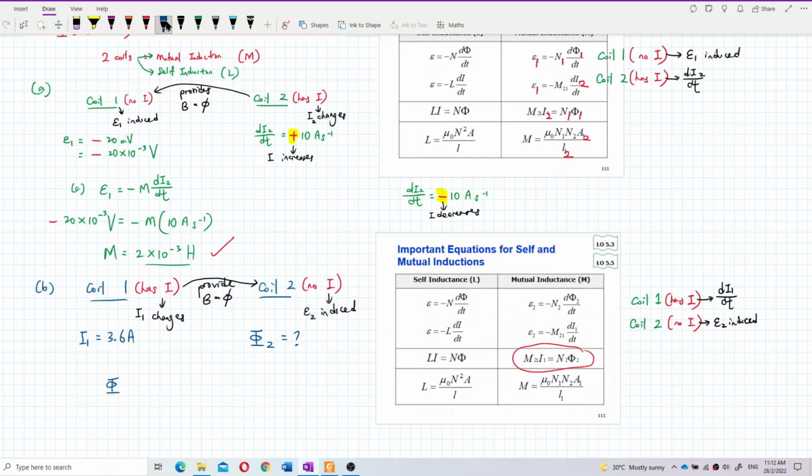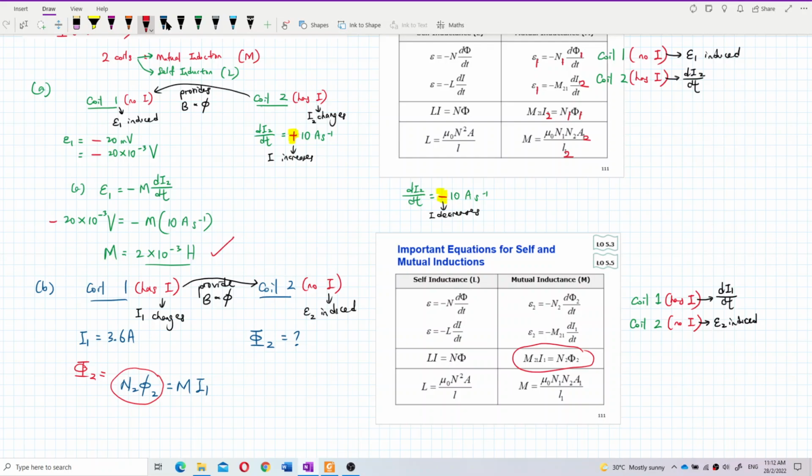I can say N2 Phi 2 is equal to M I1. This N phi is actually equal to the capital Phi.